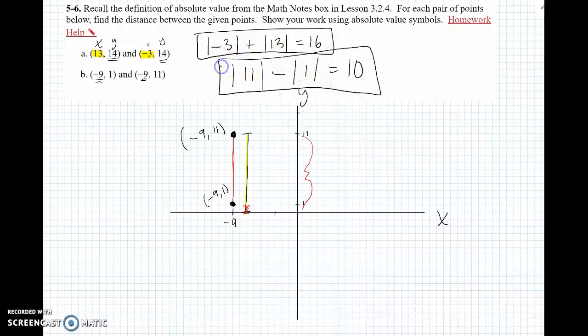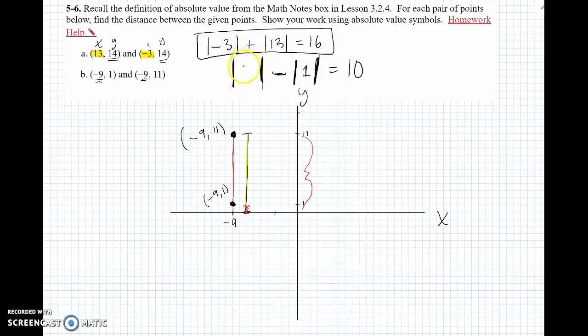That's what you get. So there, wow, that looks bad. That is the absolute value, the distance that 11 is away from 0, which is 11, minus the distance that 1 is away from 0. And you get 10.